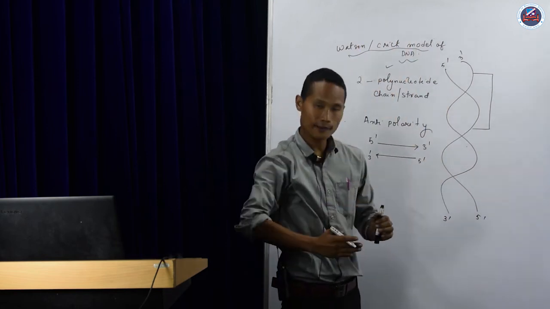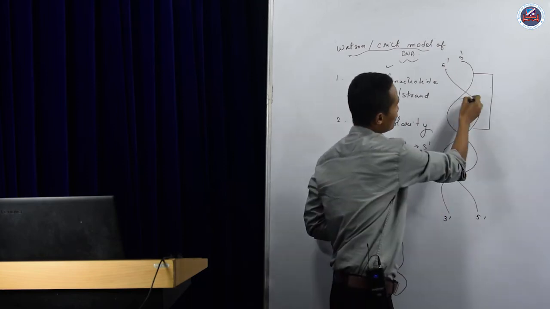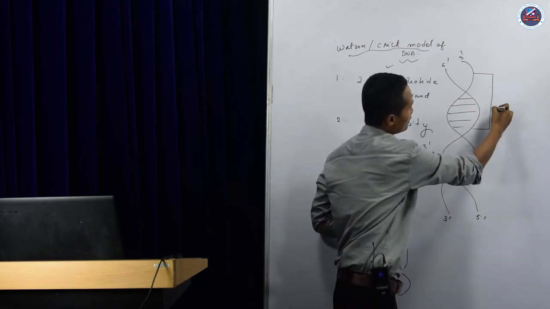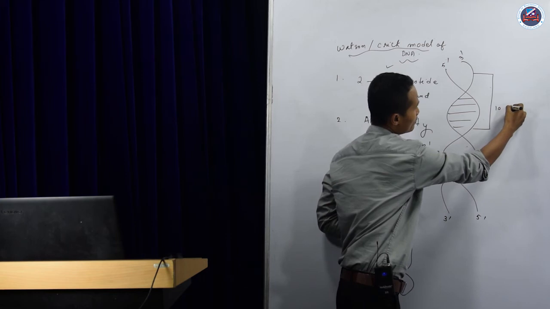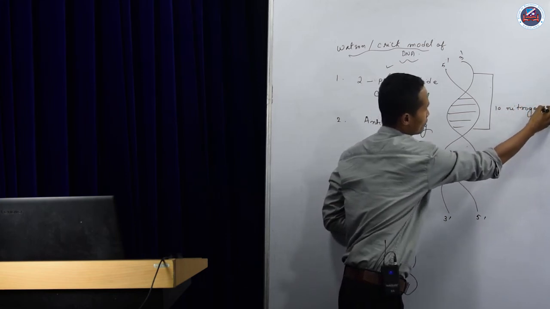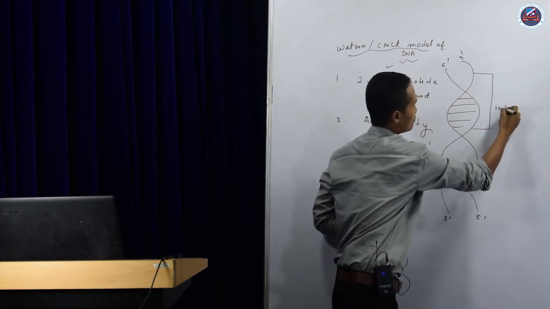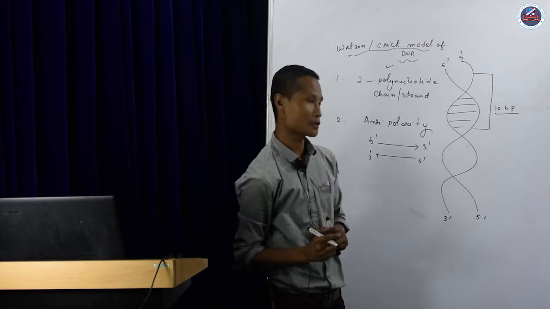In one helical turn, there will be 10 nitrogenous bases, I would say 10 base pairs.